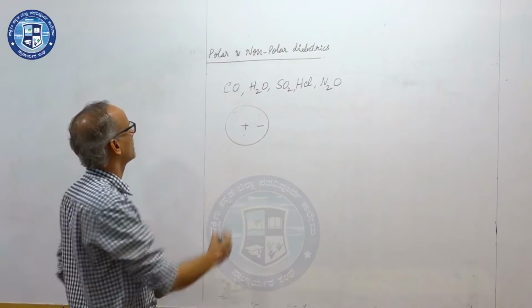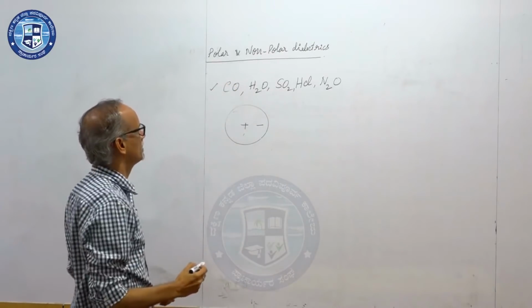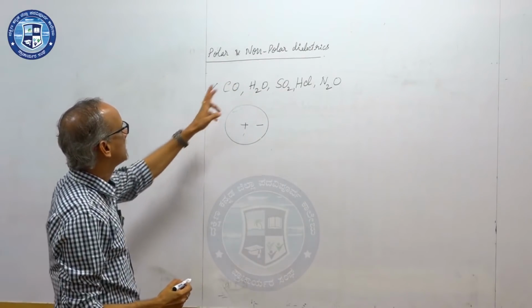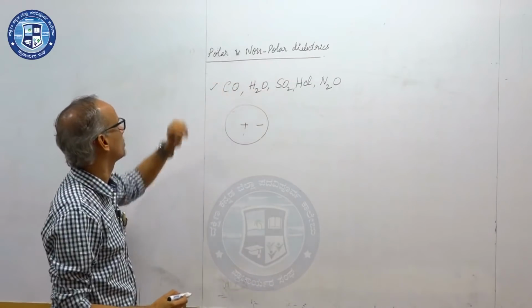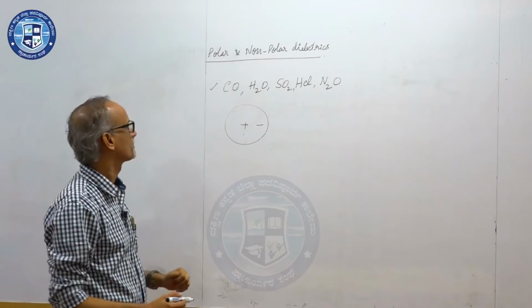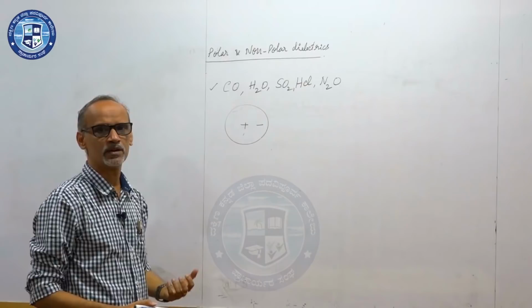Such molecules are called polar molecules, and the dielectrics made up of polar molecules are called polar dielectrics. So, water is a good example of a polar dielectric.